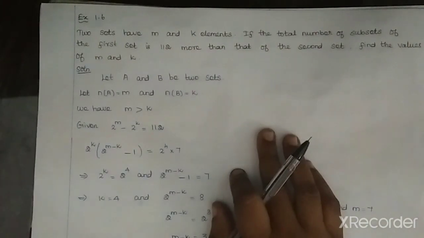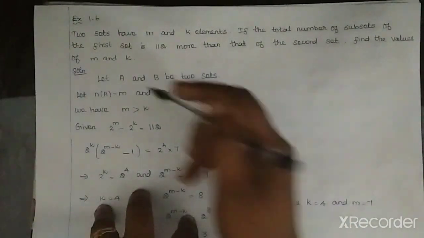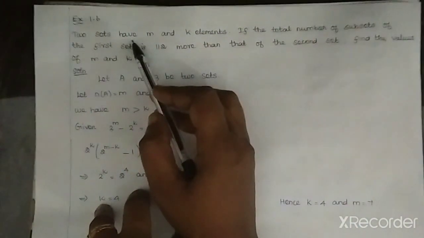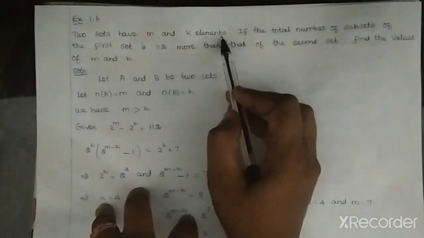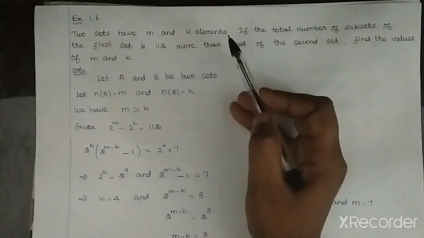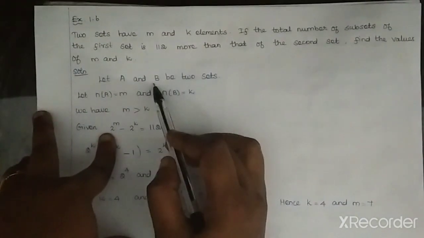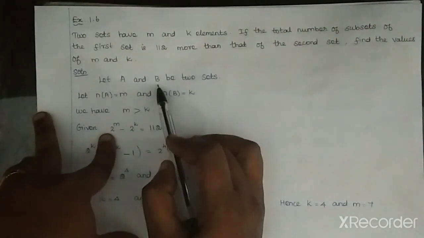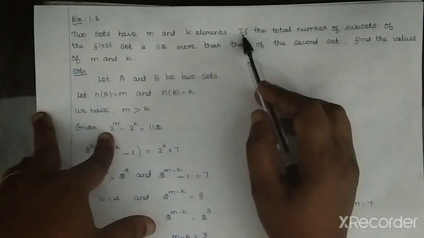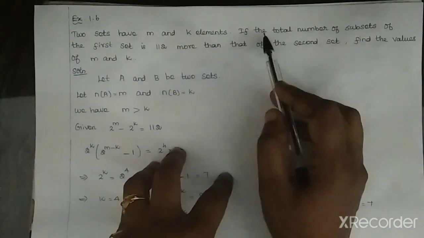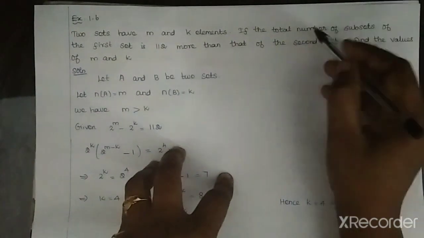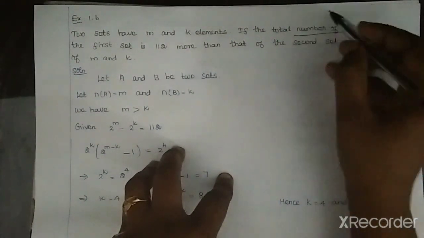Now you see the second example. Two sets have m and k elements. So we have to take two sets, that is A and B. Then next line, you read the question. If the total number of subsets, we will denote with 2 power.